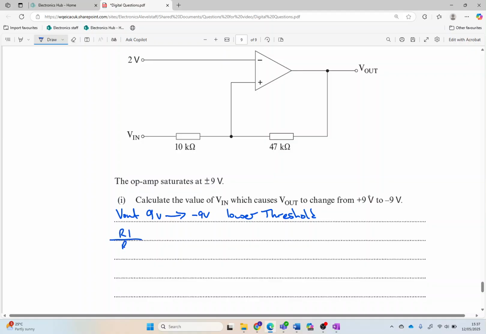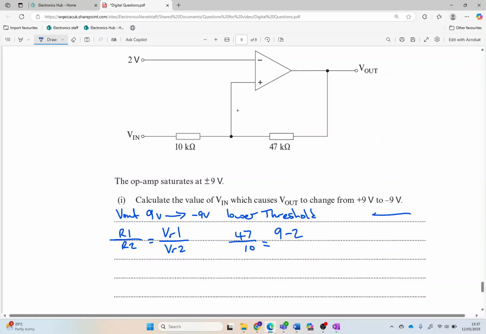So I know that the ratio of the two resistors is the same as the ratio of the voltages across R1 and R2. So we've got 47K over 10K is equal to, well, I've got 9 volts on the output here. I'm going to have 2 volts just here.